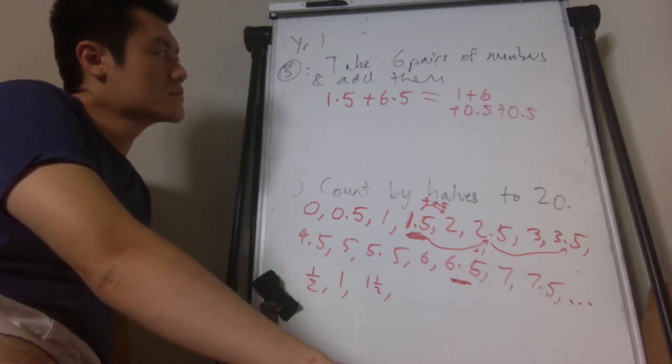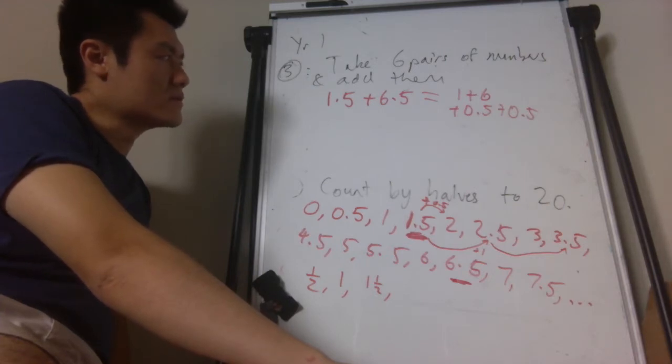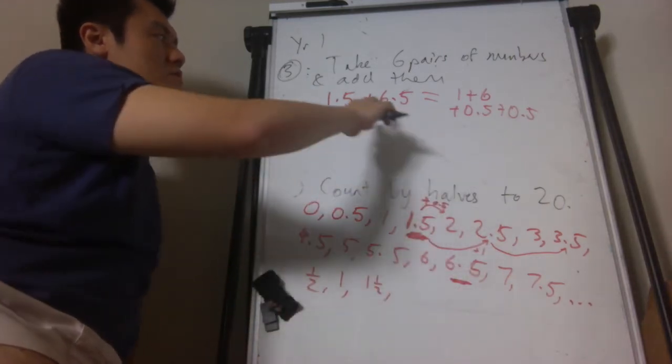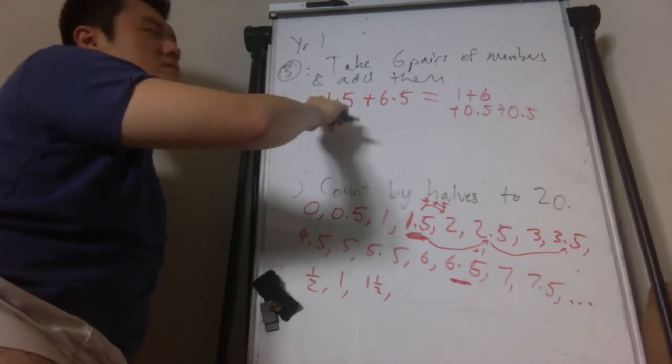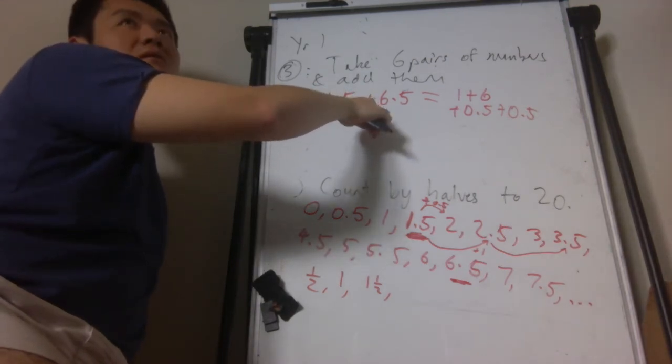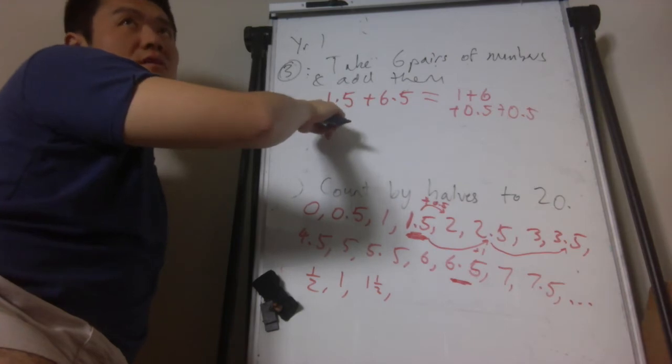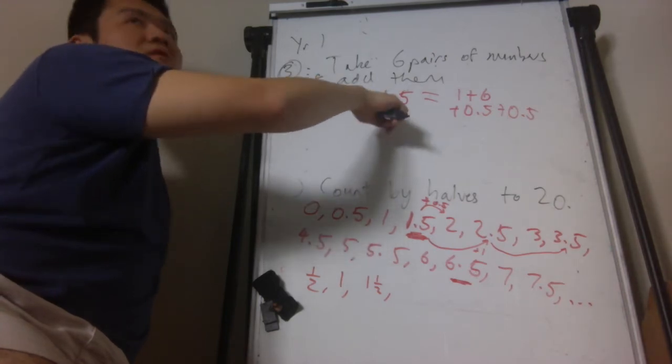Let's just explain that later. Maybe it'd be easier if we use a smaller number. So we have 1 plus 6 is 7, right? With the 0.5 is 7.5. And then you have to add another 0.5.